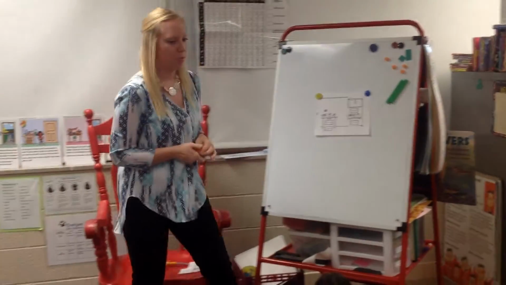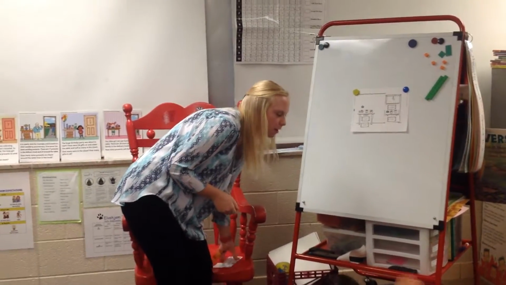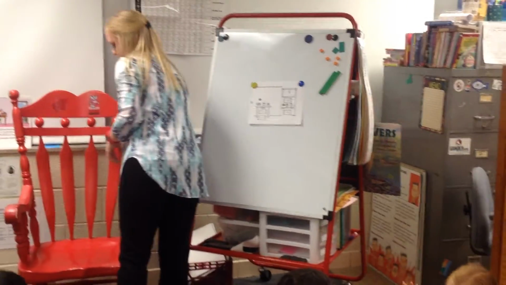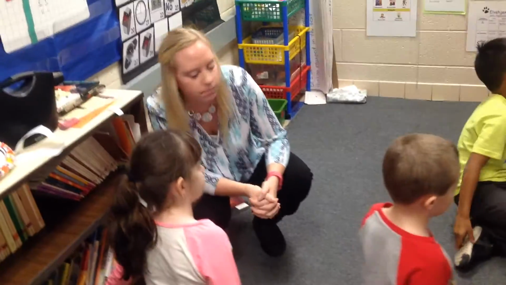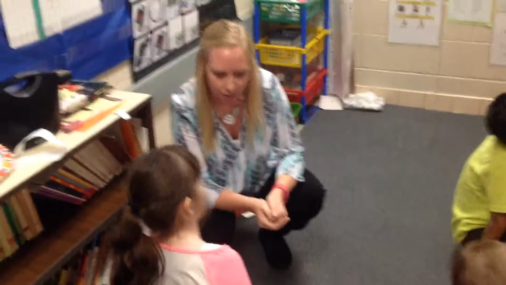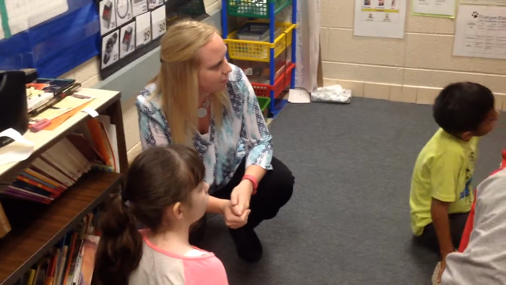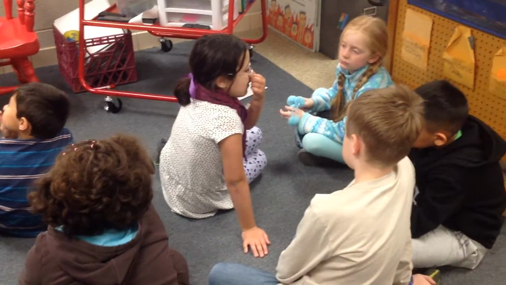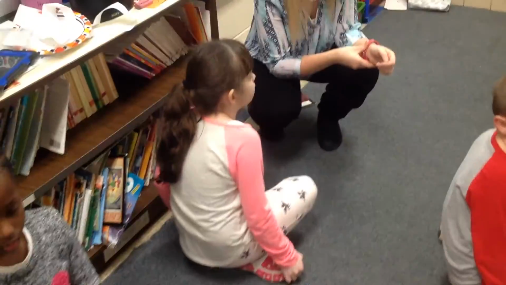Alright, so what do you notice about my picture now? Why don't you turn and talk with your partner about what you notice? So you notice that there's 4 on the parcels and 7 on the little ones, right? It's a great observation.